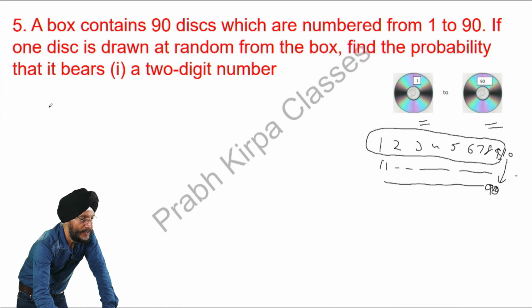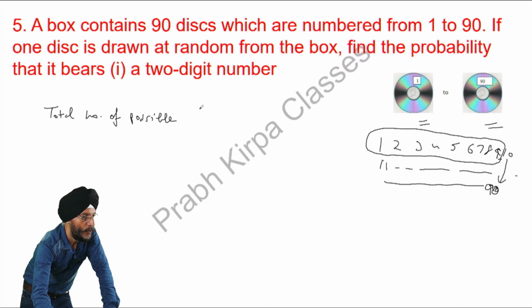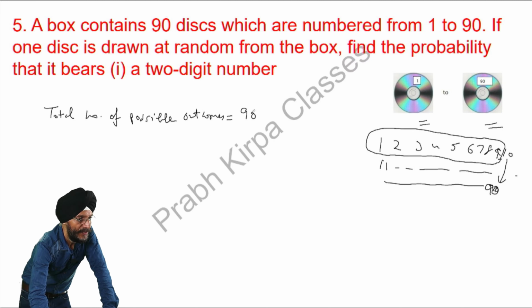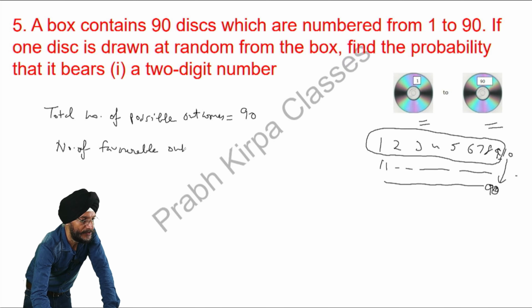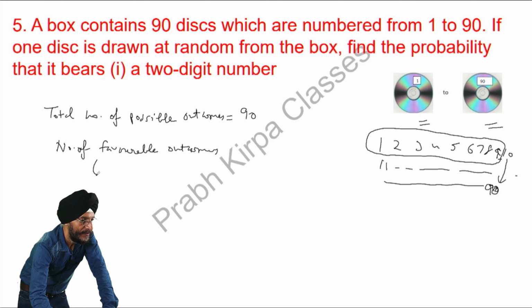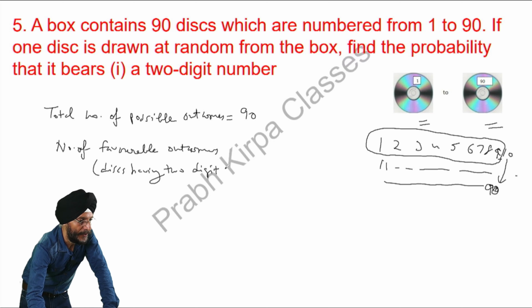So here we will mention total number of possible outcomes, or the total number of discs are 90. Now the number of favorable outcomes, or the discs having 2-digit number, all the discs which are having 2-digit number.